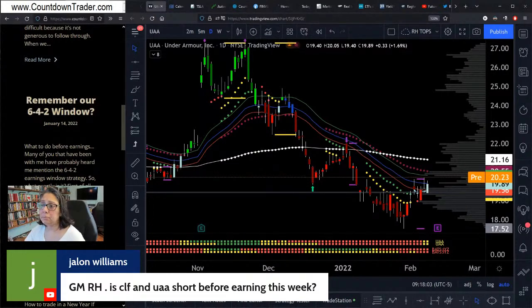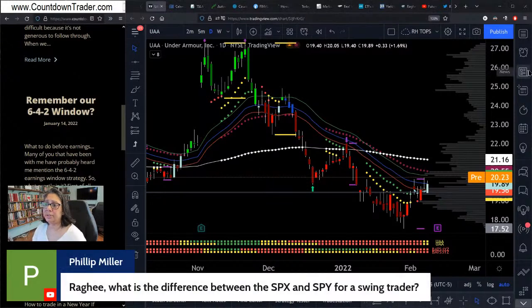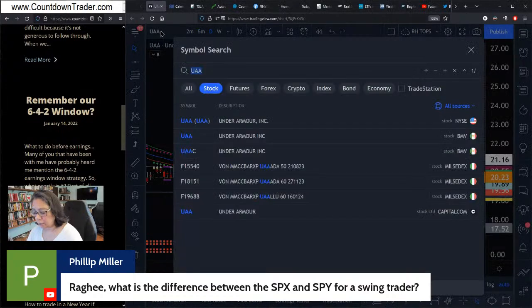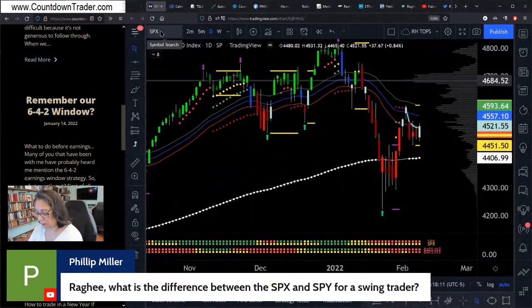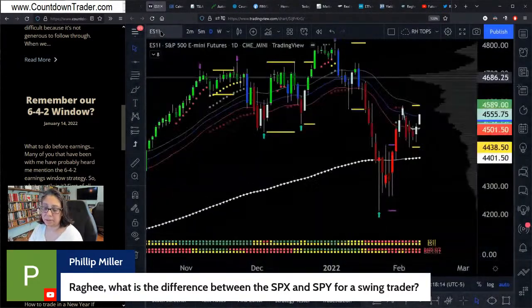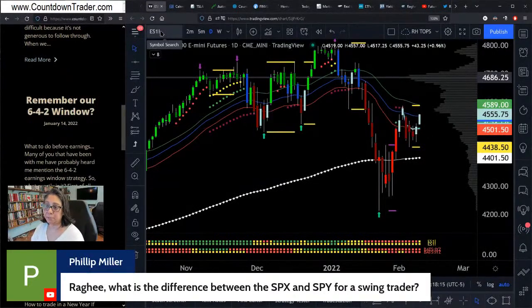All right. Philip asks, what's the difference between SPX and SPY for a swing trader? When it comes to SPX and SPY, I'm always just going to focus on the ES. Specific to overnight swing trading, SPX options, it depends on the expiry and so forth. They can be a little pricey. I believe the commissions are different.